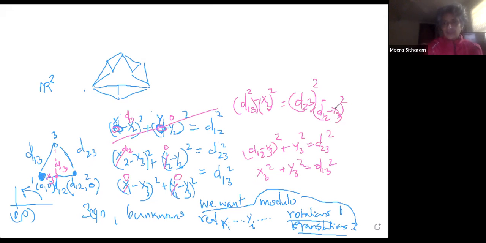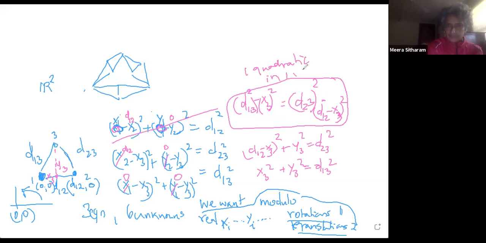So you've got this one quadratic in one variable. Essentially that's what you need to solve.